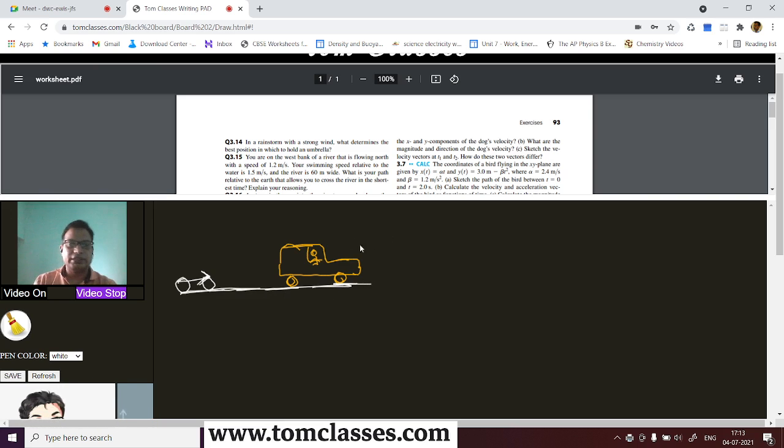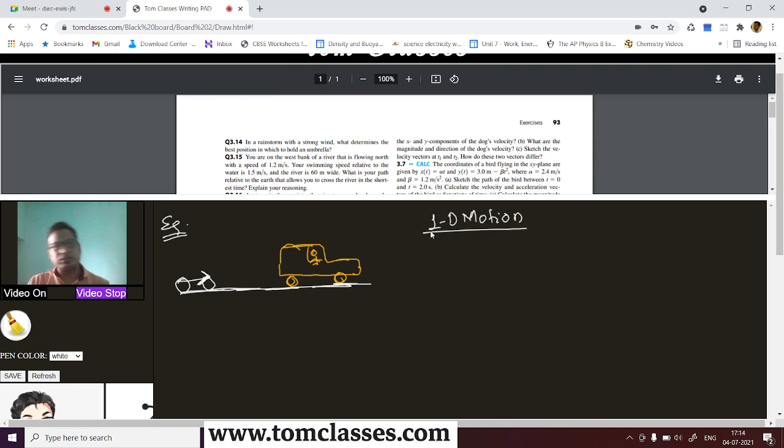Suppose this van is moving. Say this is a case of one dimension motion. We have considered one dimension motion, then we are going to apply the concept in two dimension motions.